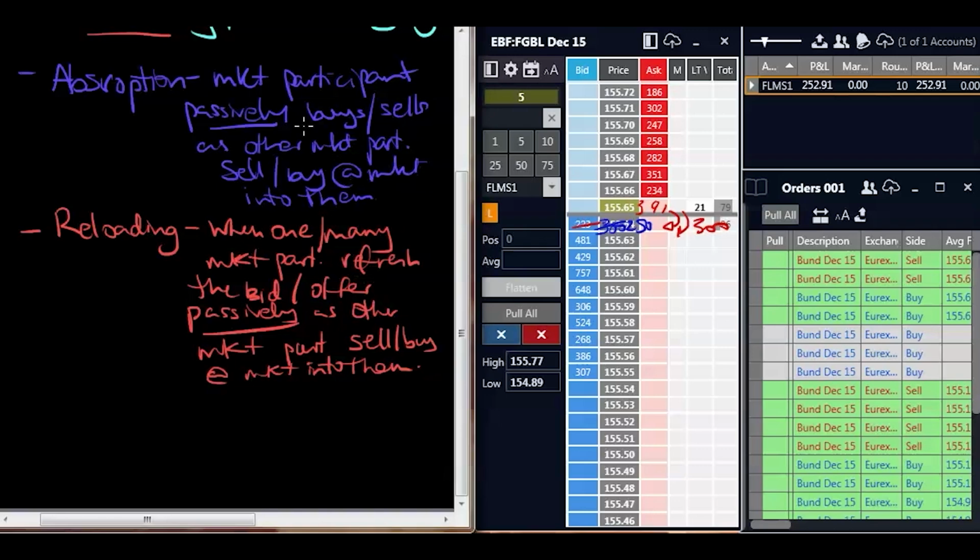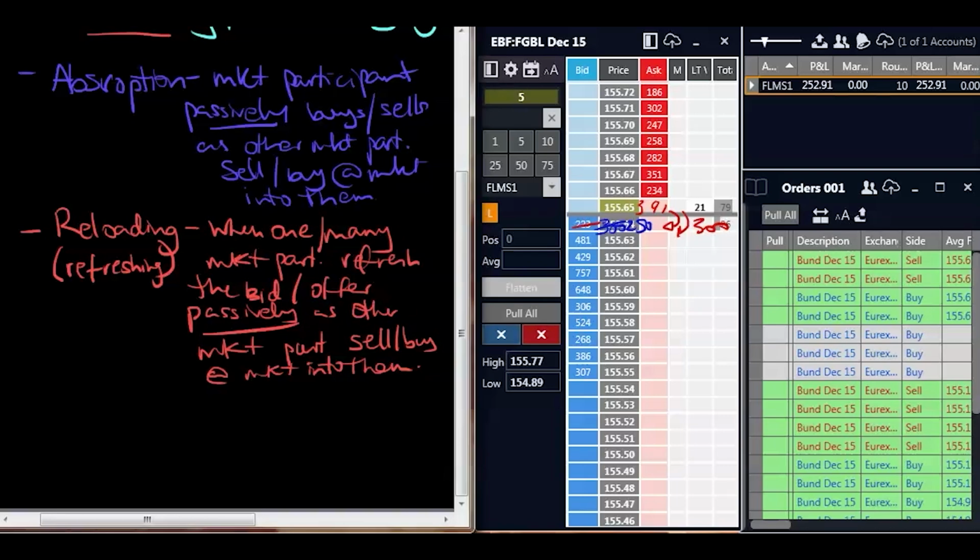Again, very similar concept to what we saw with absorption, except reloading is actually the action of refreshing. Some people might call this refreshing of the bids and the offers.